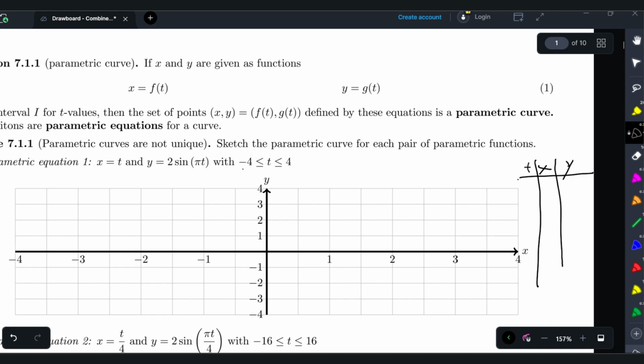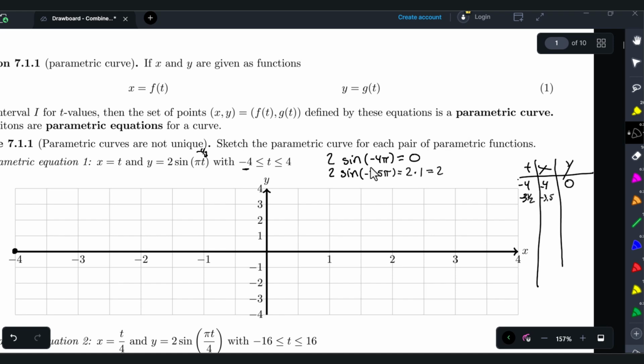I'm going to start with the beginning of the curve, which is when t equals -4. When t equals -4, x also equals -4. To figure out y, I plug -4 into my time parameter and evaluate this sine expression. Sine of -4 pi, times 2, is equal to 0, because sine of any multiple of pi is equal to 0. So with the time parameter equal to -4, I can plot the point (-4, 0), which happens to be over here.